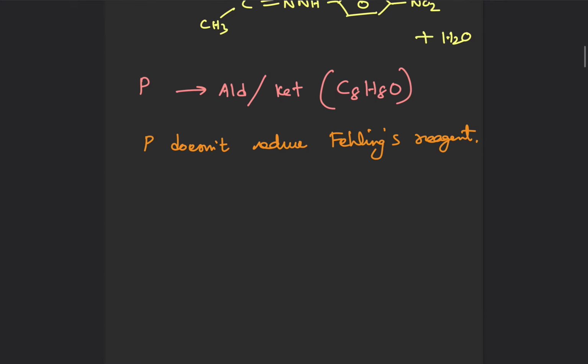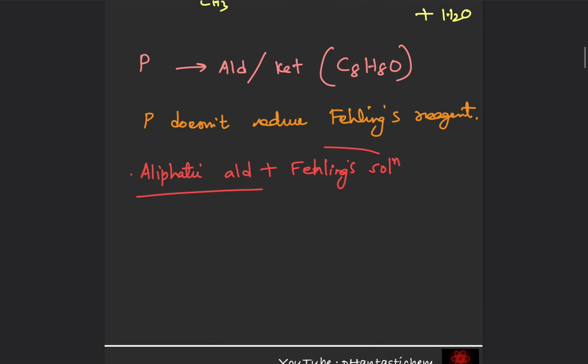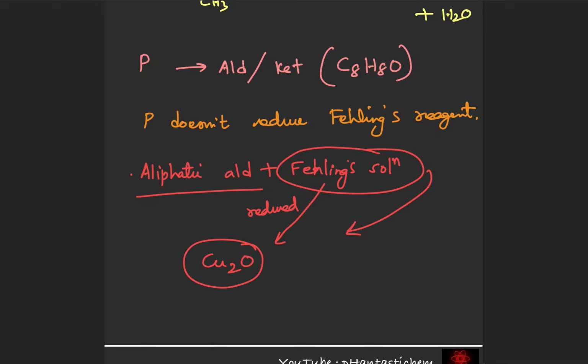Now, aliphatic aldehydes are those aldehydes which don't contain any aromatic ring. When these are heated with Fehling's solution, the Fehling solution is reduced to give a red precipitate of Cu2O, that is cuprous oxide.